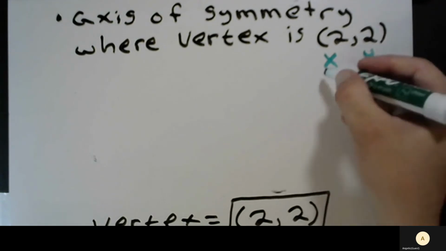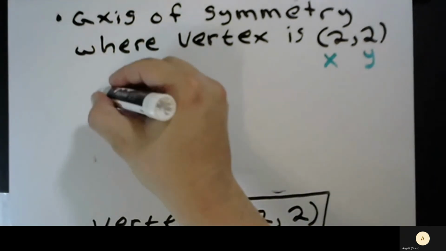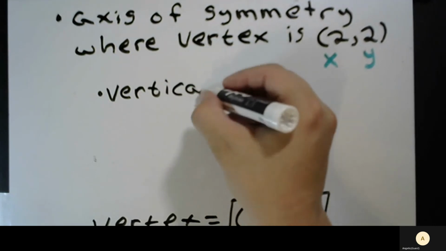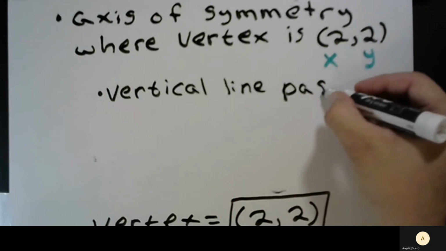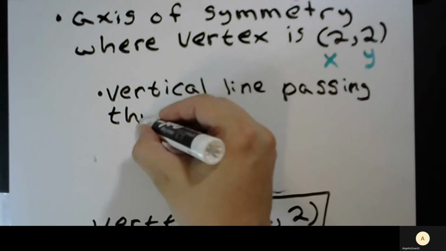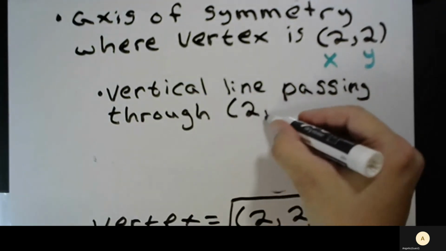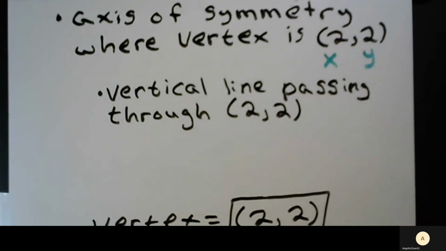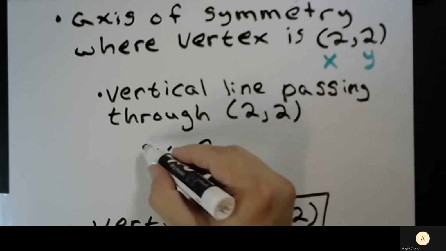So in this case, it's a vertical line through 2, comma 2. And so that's going to be x equals 2.